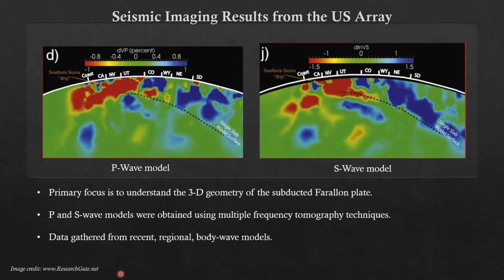The data gathered in order to render these images was recent, regional, and derived from body wave models. Now, the scattered wave image shows positive P to S conversion scattering potential in red, and negative conversion in blue. Tomography models all show fast velocities as blue and slow velocities as red, with the scaling shown on each section.